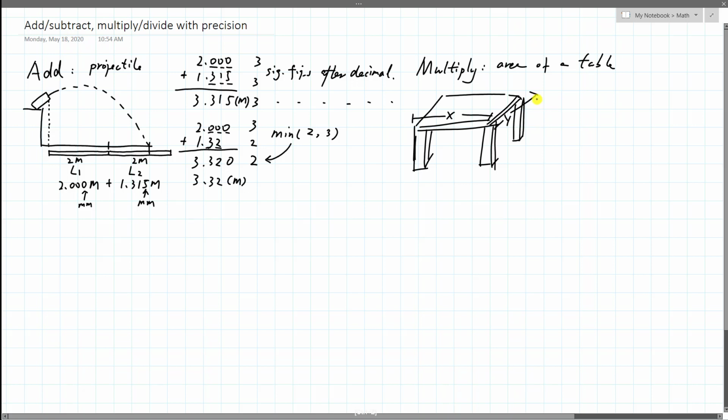I'll erase it. And oops, part of the table got erased. Okay. So we'll do it kind of next to the table. Alright, so y here. So the area A is equal to x times y.